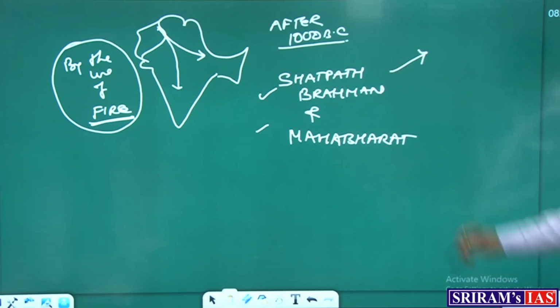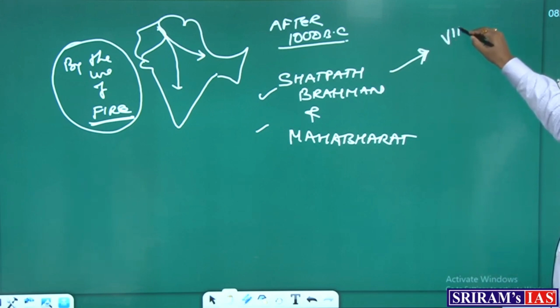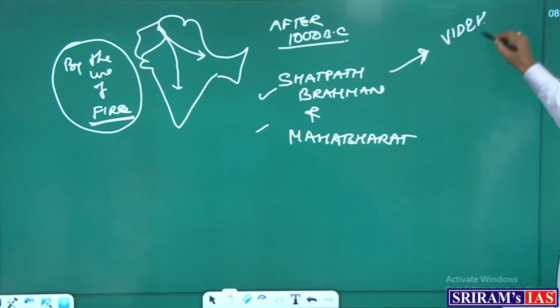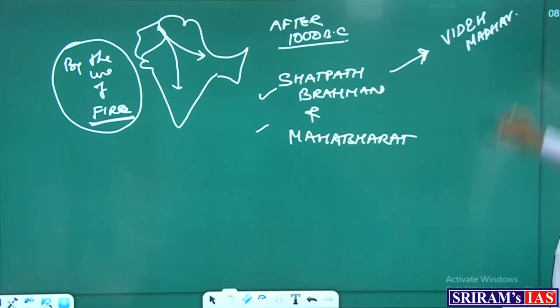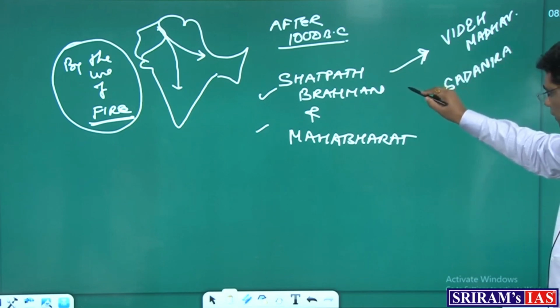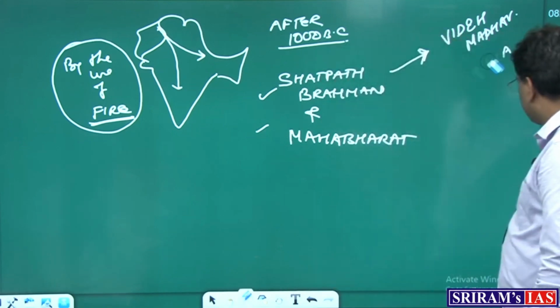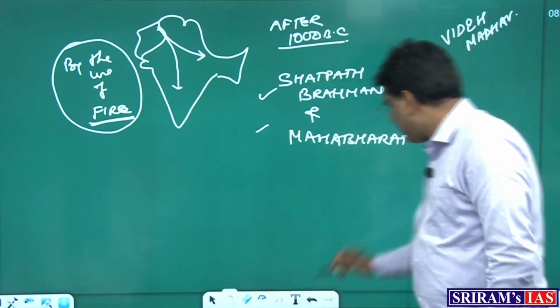In Satpath Brahman, it's described about a king, Videgha Madhav, who started from Saraswati to Sadanira.